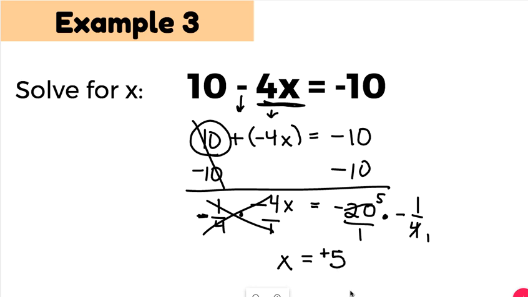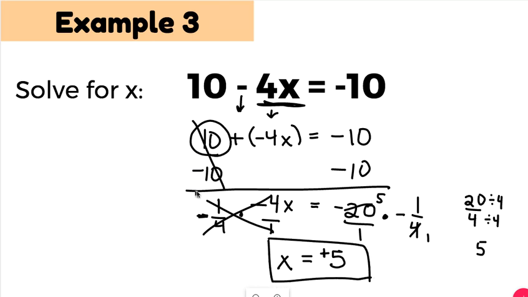My answer is positive 5. Or I could have multiplied across and got 20 over 4, which still would give me 5. Either method is fine. Then if you would like to check it, pause and do a quick check.